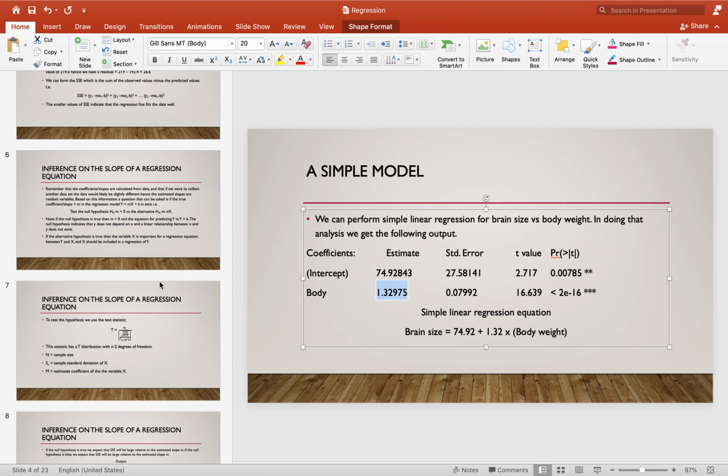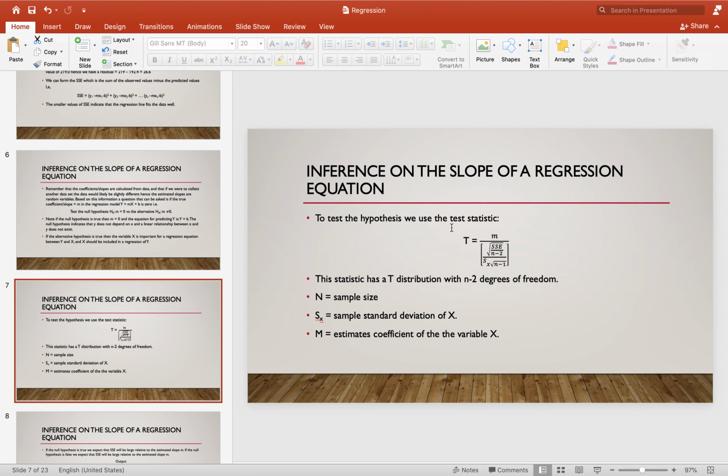Now going back to this, notice that there's this t. The p-value depends on this t statistic. Well, this t statistic is calculated as follows. You take your estimate, m, and you divide it by the square root of the sum of the squares of your errors divided by 2 less than your observation size, and you take s, the standard deviation of just x, and you multiply it by 1 fewer than your observations.